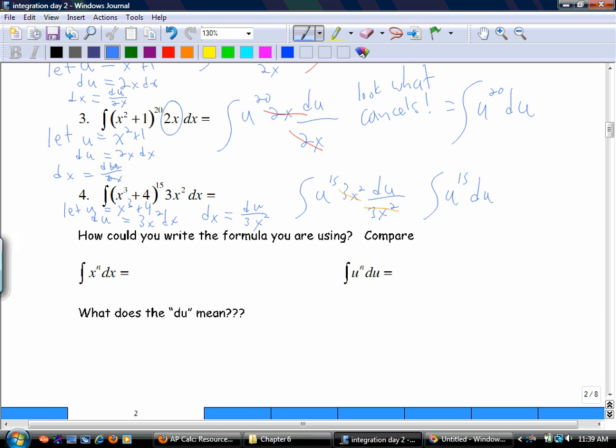How could you write the formula you're using? Compare. When I'm integrating x to the power of n dx, I have x to the power of n plus 1 over n plus 1 plus c.